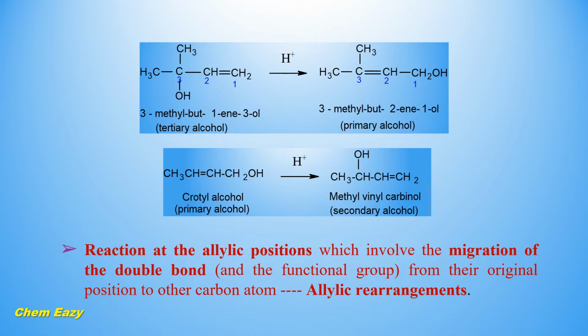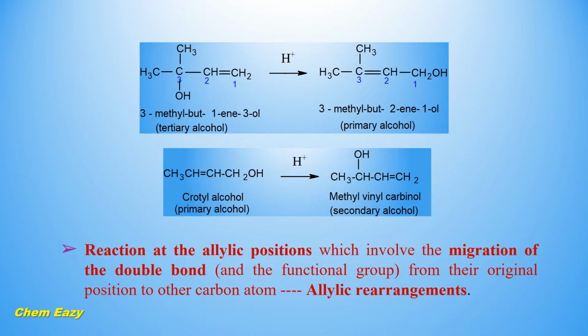The product is a primary alcohol in which the hydroxyl group is bonded to carbon 1. It means the hydroxyl group migrated from carbon 3 to 1, and the olefinic bond migrated from carbon 1 and 2 to 2 and 3.